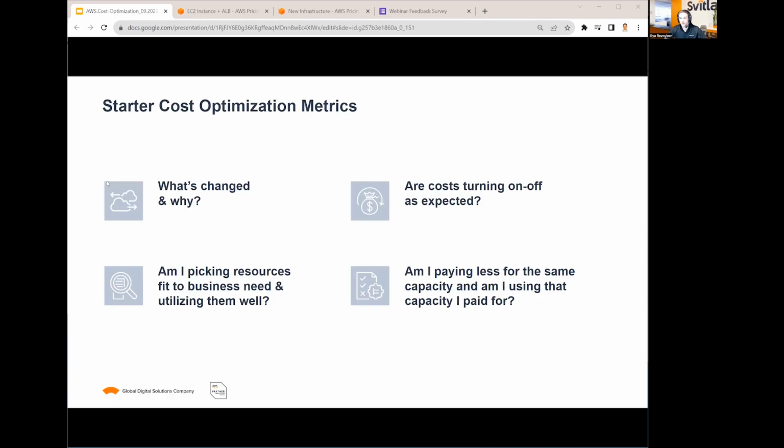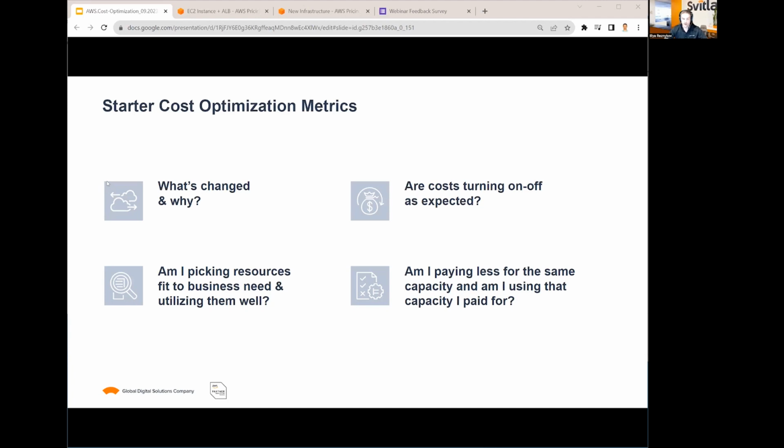When we start to think about cost control, cost management, and at the end cost optimization, we'd like to ask ourselves: do we really use what we need, and do we really have the resources which we need?